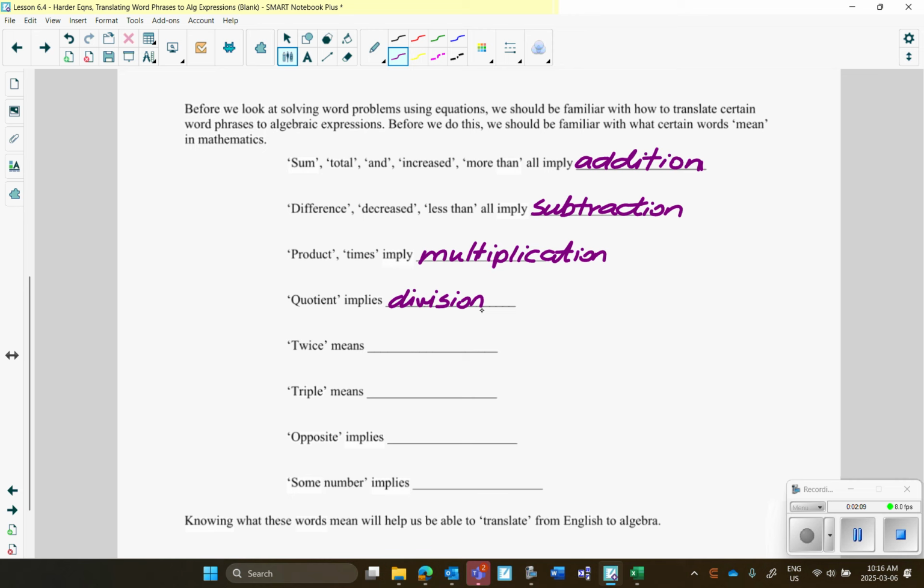Times 2. If you double 4, 4 times 2 is 8. If you double 10, 10 times 2 is 20. It's not exponents, so it's times 2. Triple is times 3.